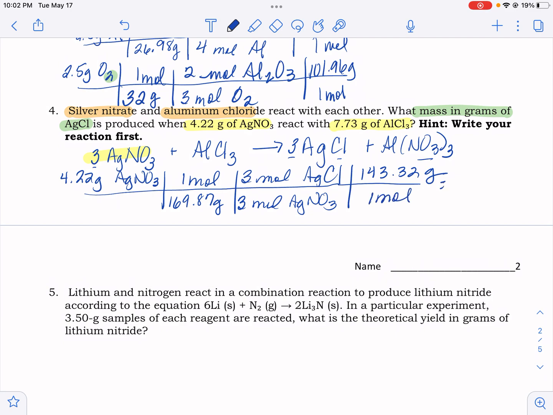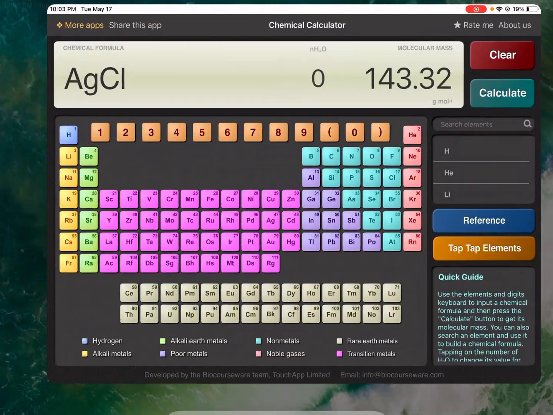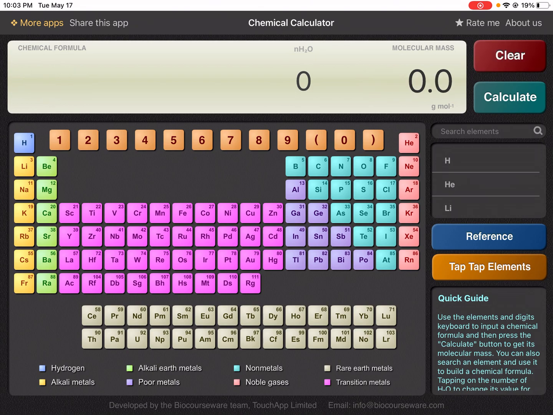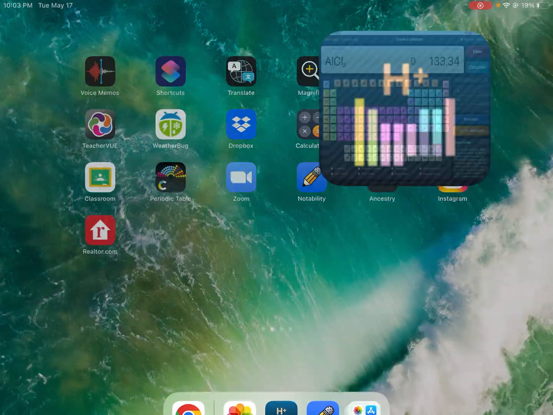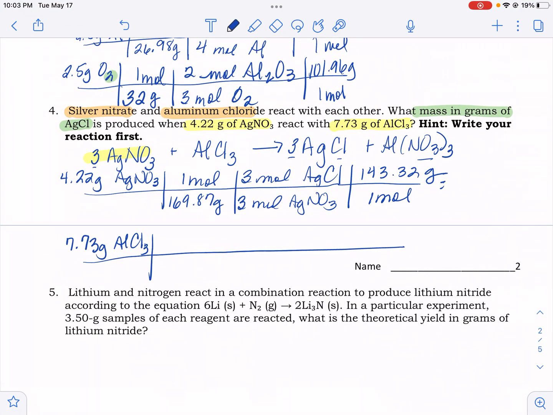All right. Next, we'll solve with 7.73 grams of aluminum chloride. Aluminum chloride molar mass, AlCl3, 133.34.